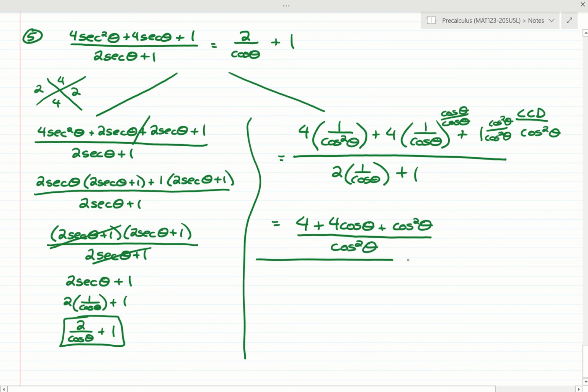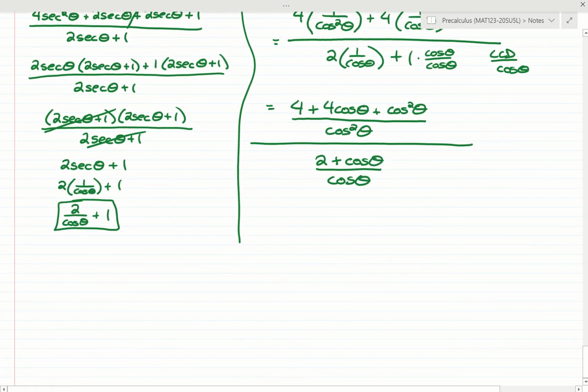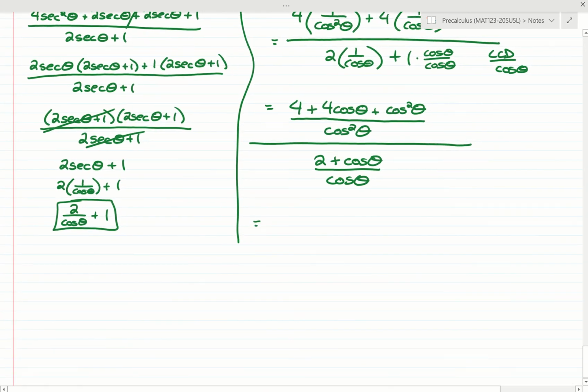That's my numerator. Now the denominator, the LCD for the denominator, is going to just be cosine of theta. So I'll multiply the 1 by cosine over cosine, which gives us 2 plus cosine of theta all over cosine of theta. Okay, now let's keep change flip and let's see what we're dealing with here.